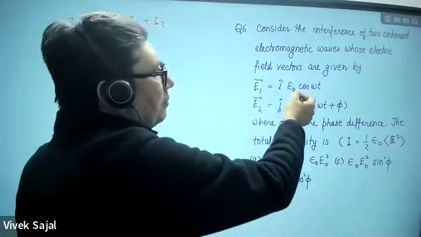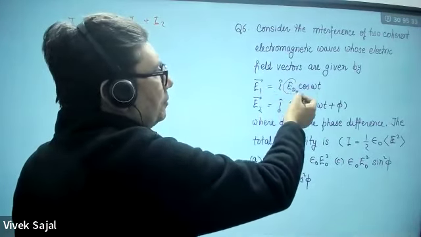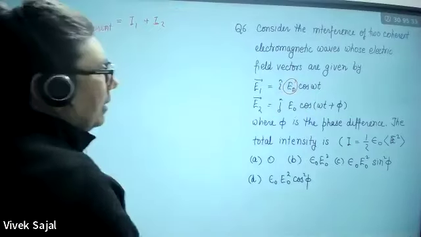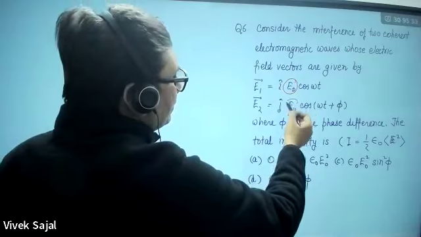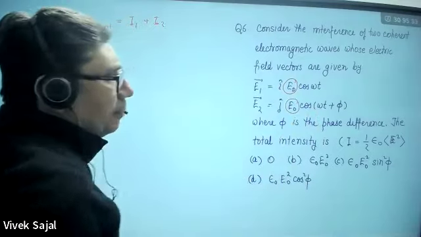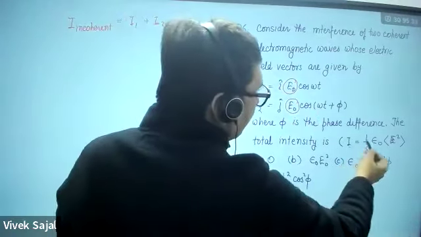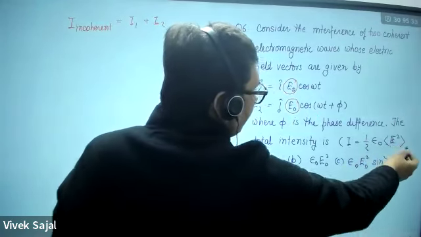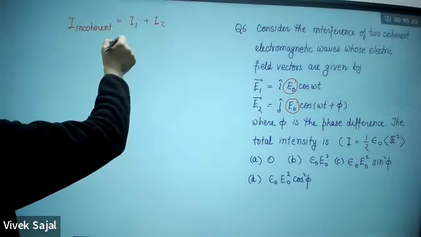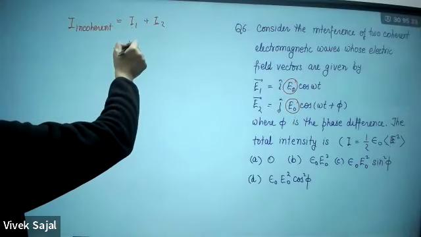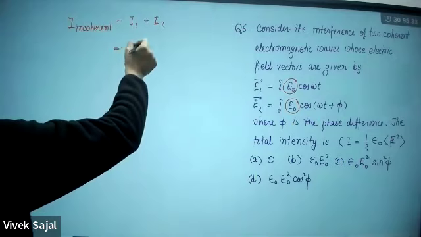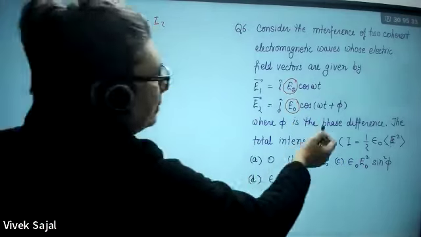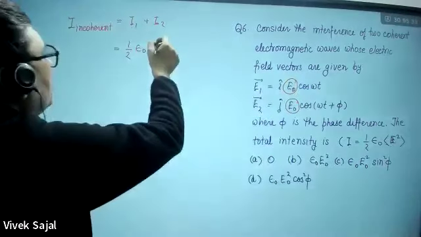What will be I1 here? I1 for this will be amplitude square, and its amplitude is E naught. But they are saying intensity is given by 1 by 2 epsilon naught E square average value. So the intensity I1 due to the first one will be 1 by 2 epsilon naught E naught square, amplitude square.